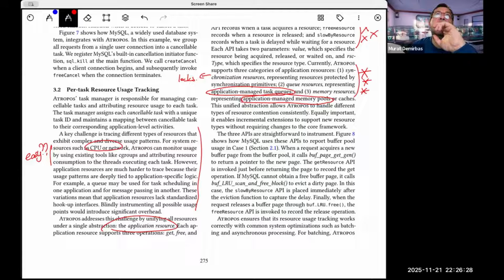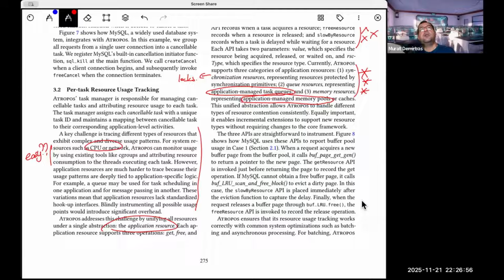Got it. Okay. The three APIs are straightforward to instrument. Figure 8 shows how MySQL uses these APIs to report buffer pool usage in case 1. When a request acquires a new buffer page from the buffer pool, it calls buff page getGen to return a pointer to the new page. The get resource API is invoked just before returning the page to record the get operation.